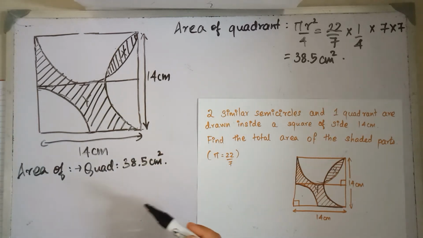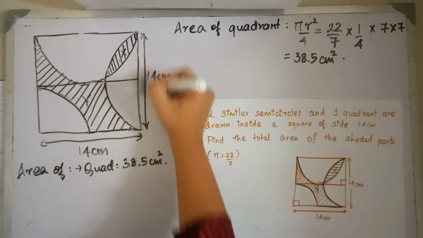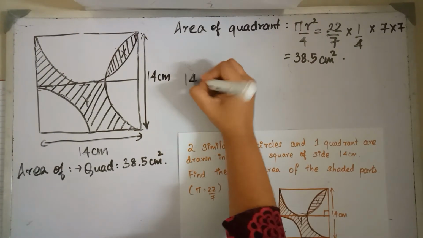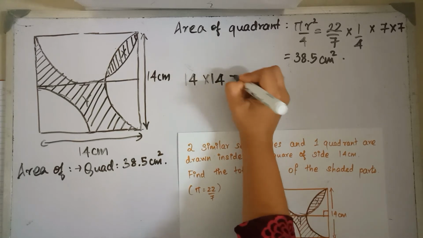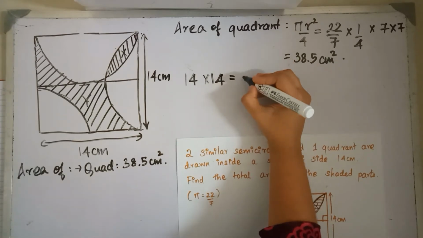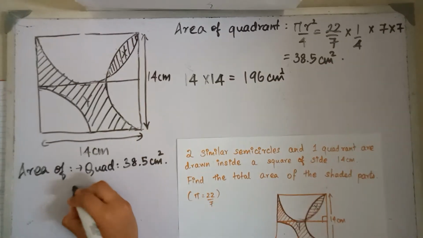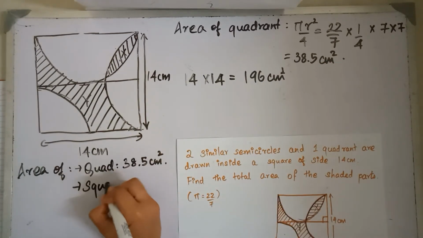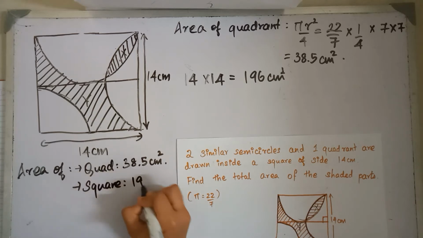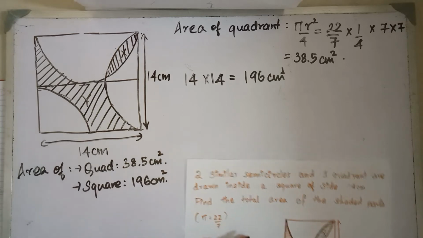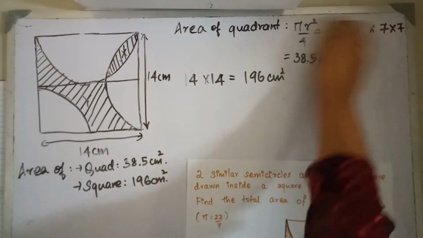Now let's find another known figure and that is this whole square. Whole square will be given as 14 into 14 and that gives 196. So the area of square will be 196 cm square. So we found out the area of the square and the quadrant.